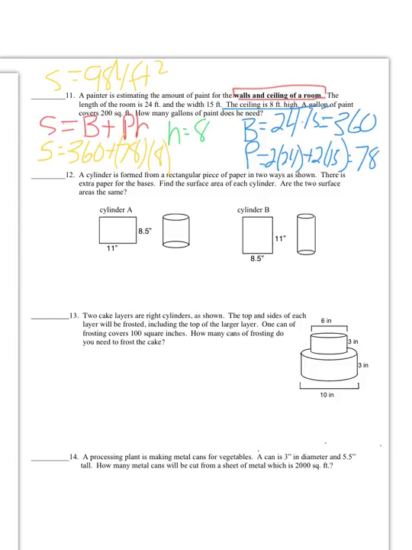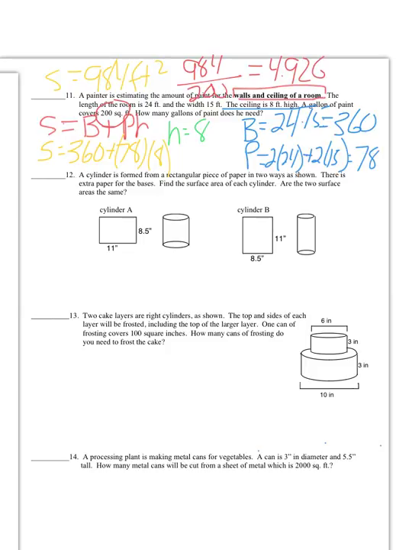They want to know how many gallons of paint they need to paint the room. Well, we know that 1 gallon of paint covers 200 square feet. It says it right there. So we'll say 984 divided by 200, the feet squared will cancel out, is going to equal 4.92 gallons.